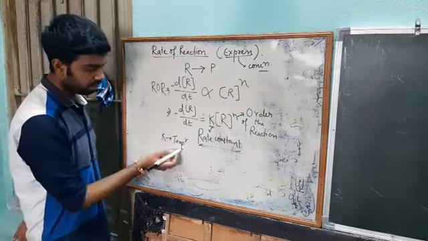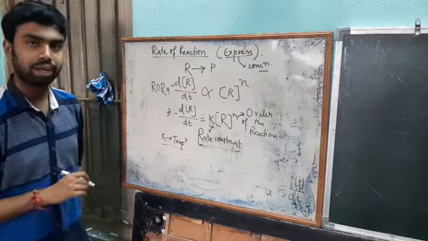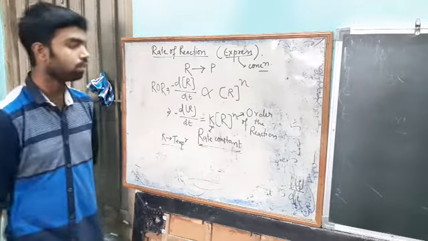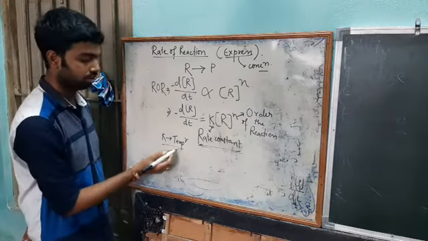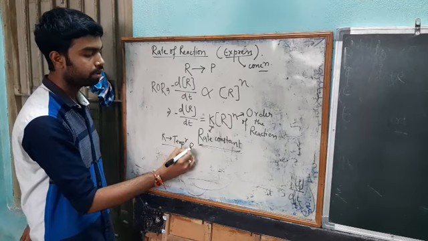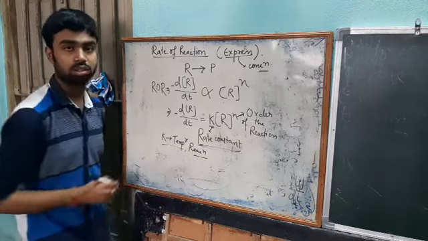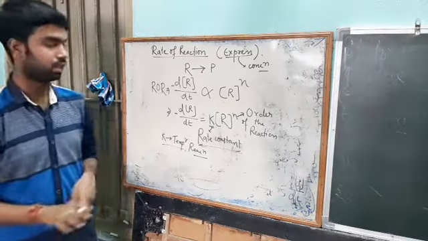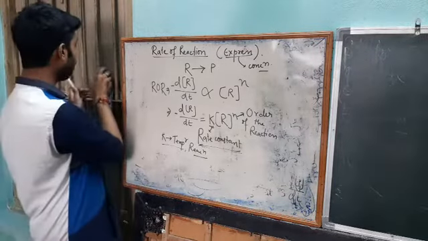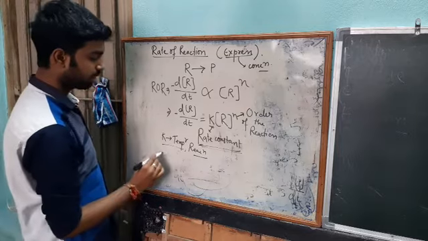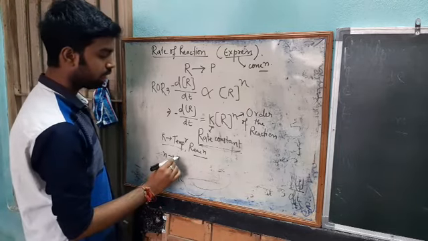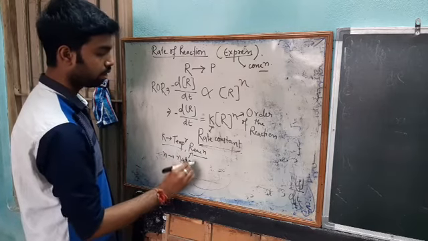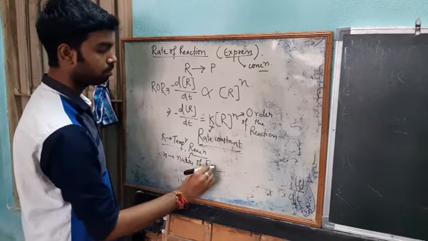A reaction will have a different rate constant, so it depends on the nature of reaction and on temperature, and the order of reaction depends on the nature of reaction.